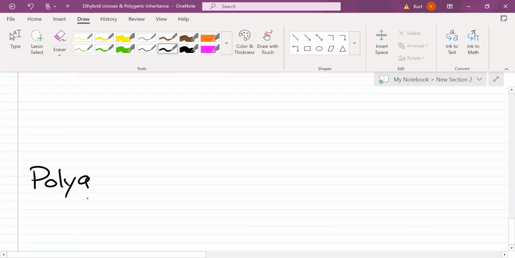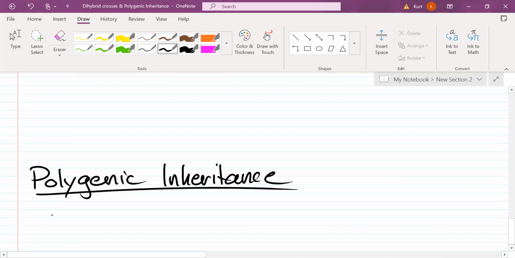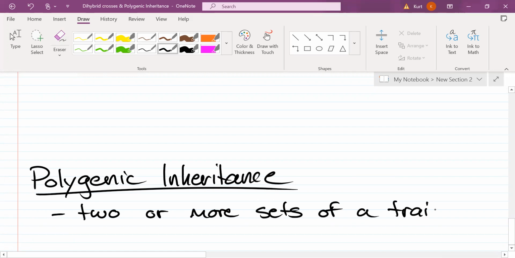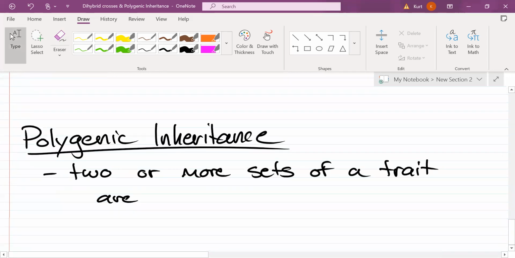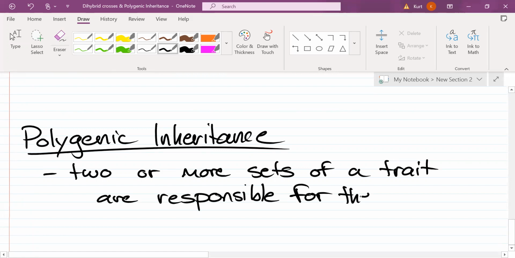Polygenic inheritance. This is where two or more sets of a trait are responsible for the expression of the trait.